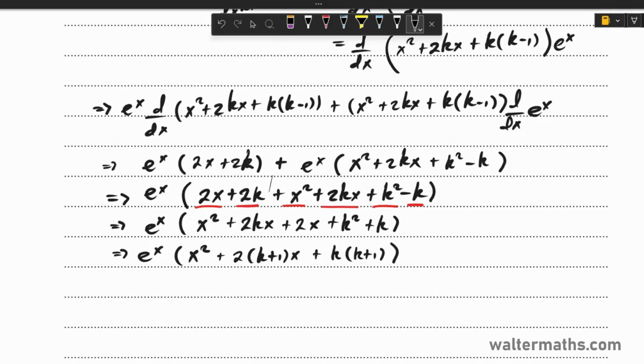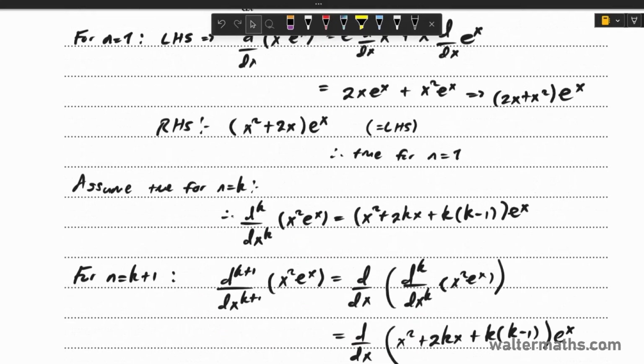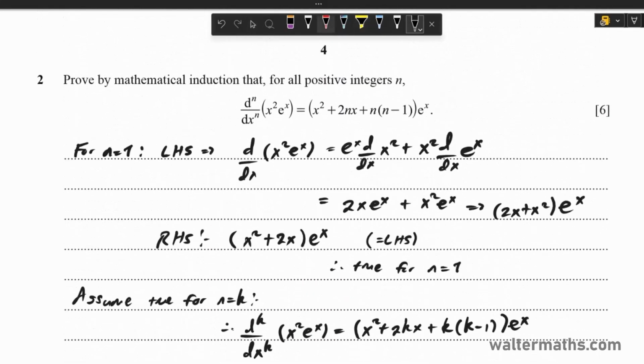Okay, so this is what we have. I can rewrite it as x squared plus 2 of k plus 1 of x plus k of k plus 1 of e to the x. And what we have right here is actually the same as what we have here.